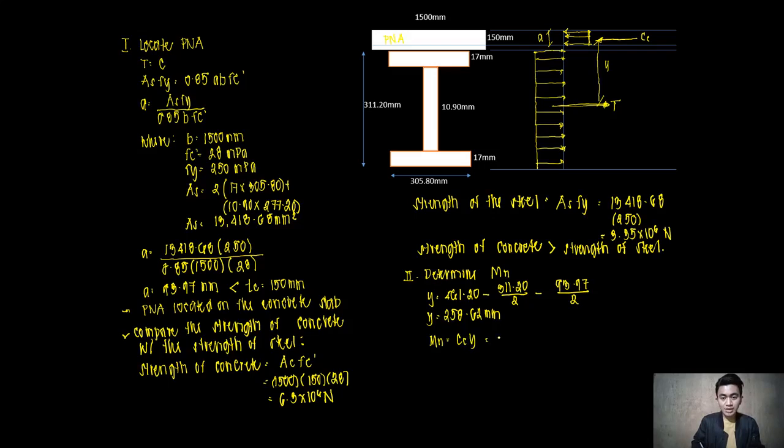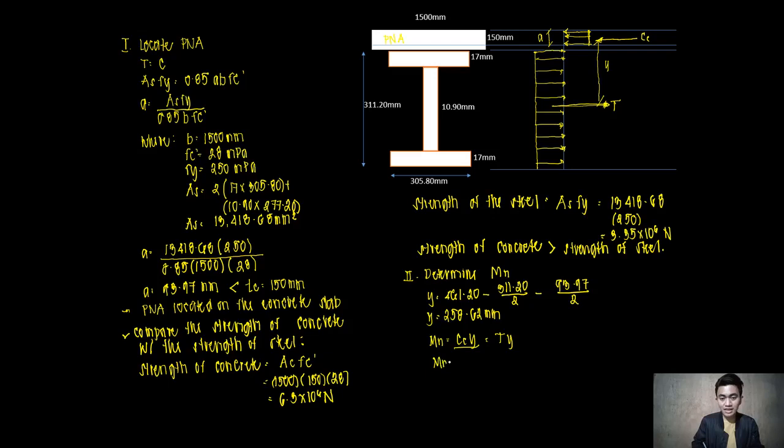Or the same, taking moments at C, the compression force will not rotate, wherein the tensile force will rotate about C sub C, wherein I will have T multiplied by y. So let us utilize this one.